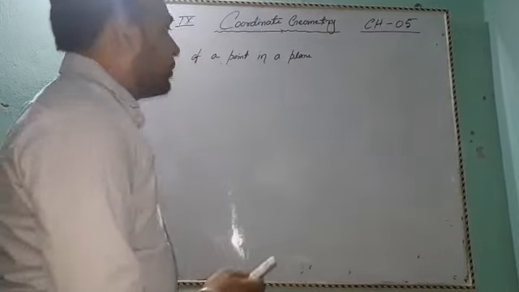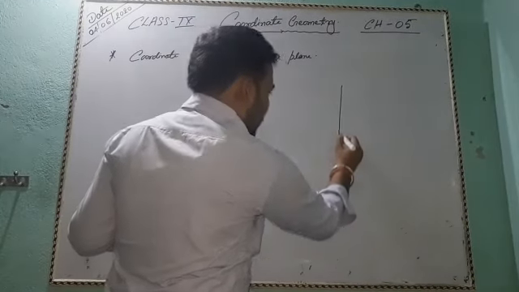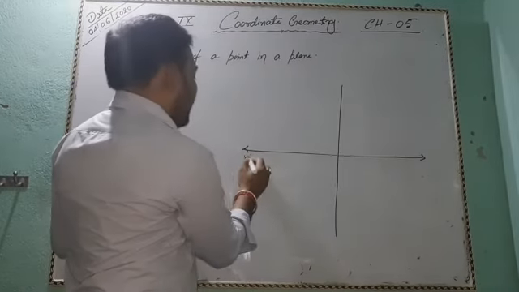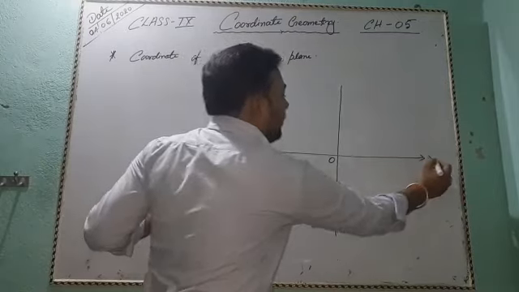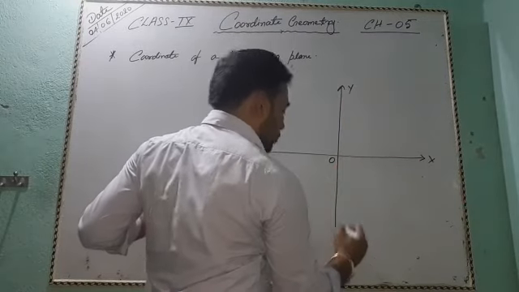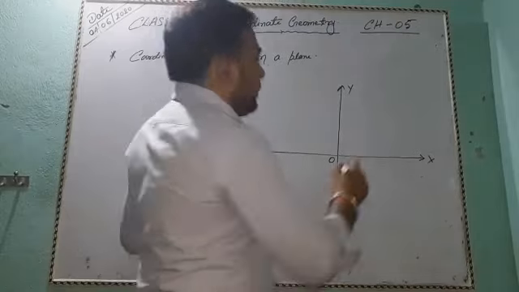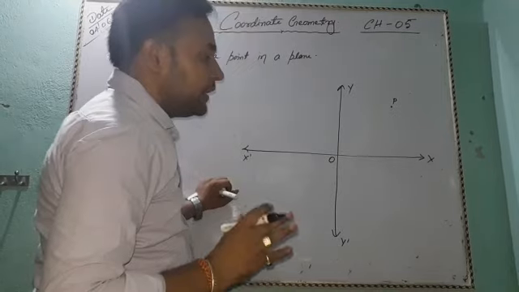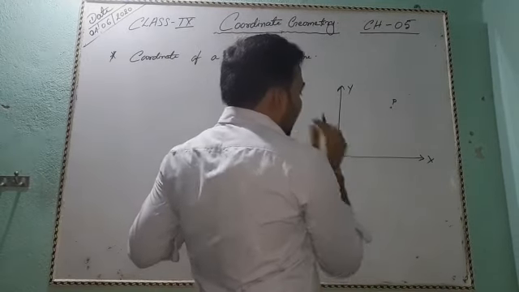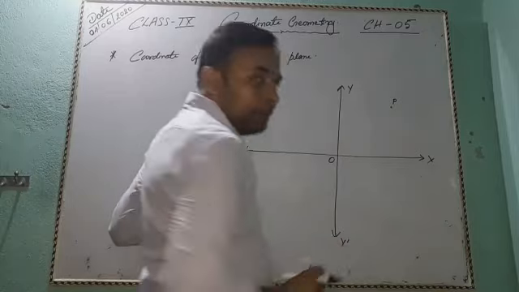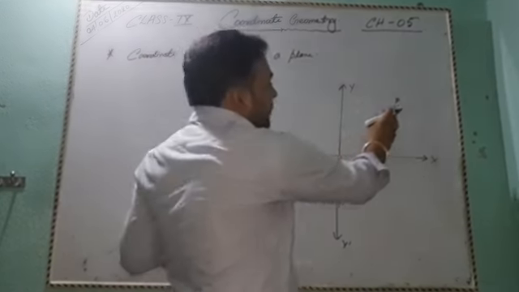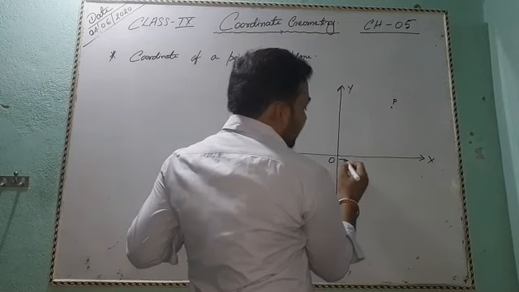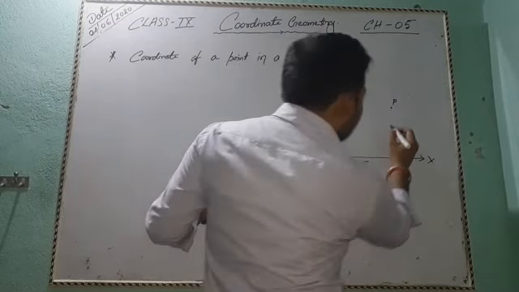First of all, we draw the coordinate axes X'OX and YOY', and let P be a point in the plane.